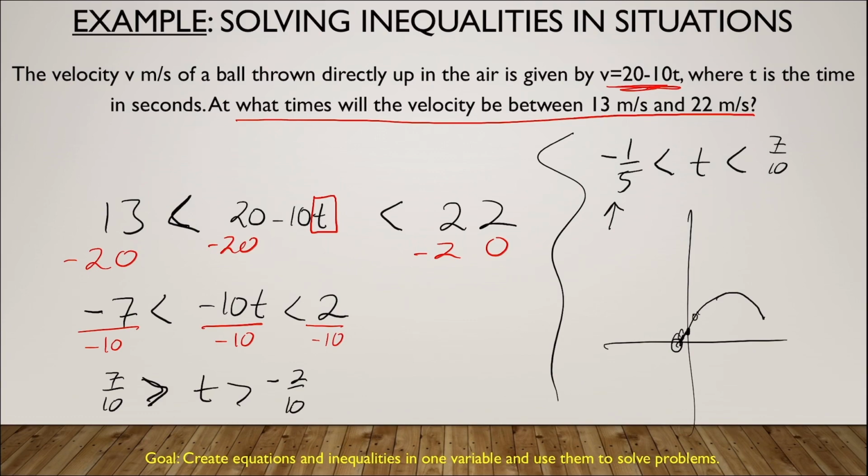I guess this isn't a quadratic. This is a straight line. We're assuming there's no gravity and it just keeps going up. We're on the moon or something. And at 7/10 seconds, it hits that velocity, I guess, between 13 meters per second and 22. So anywhere in between those is where it's at that velocity, and then I guess it would be increasing.